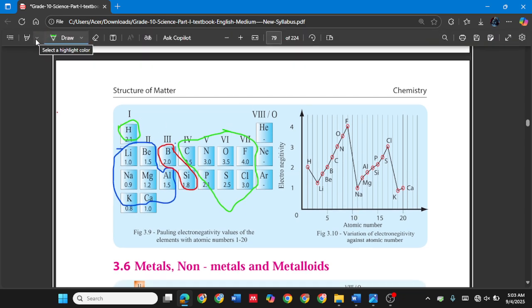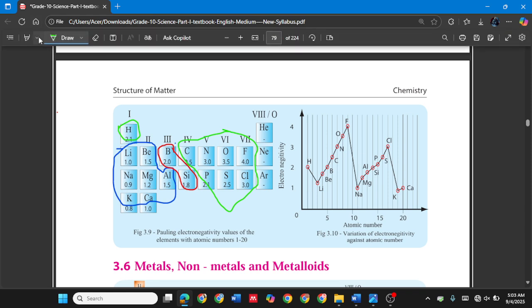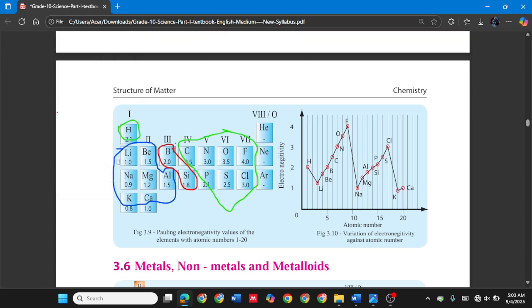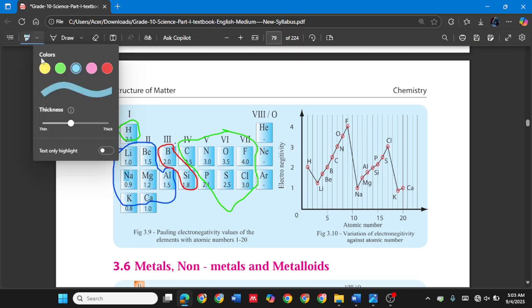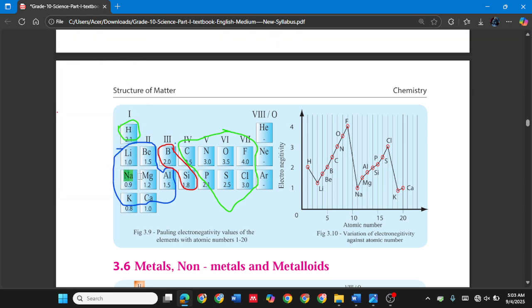So we are going to learn about some metals in order to know their characteristics, and about some non-metals and metalloids. Sodium and magnesium are the elements that we are going to learn as metals.